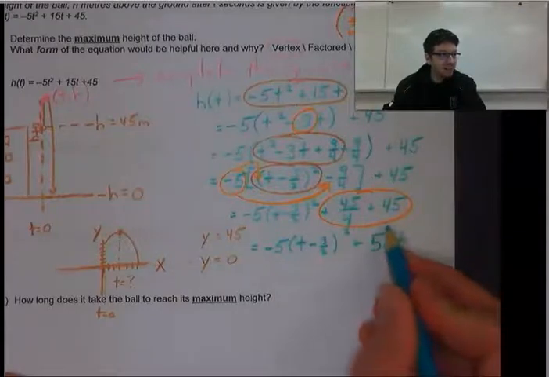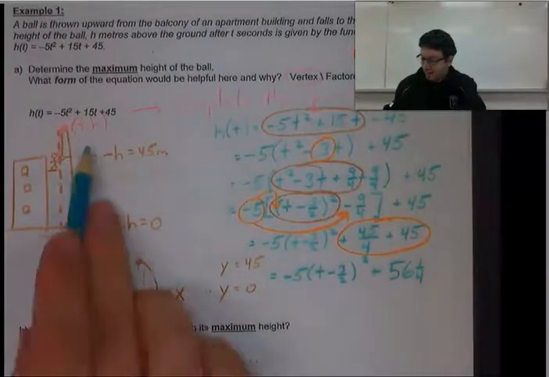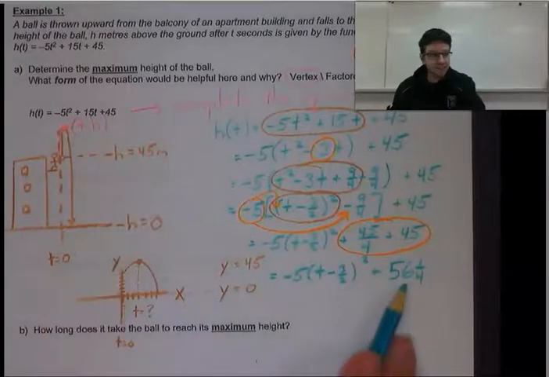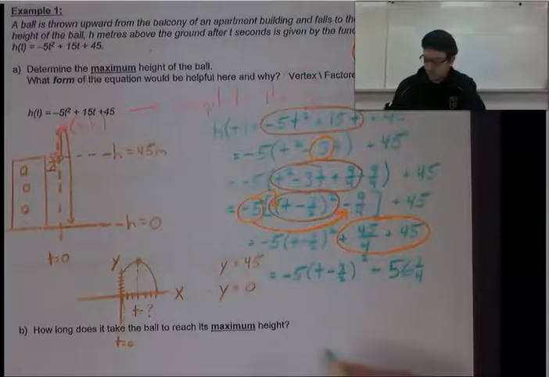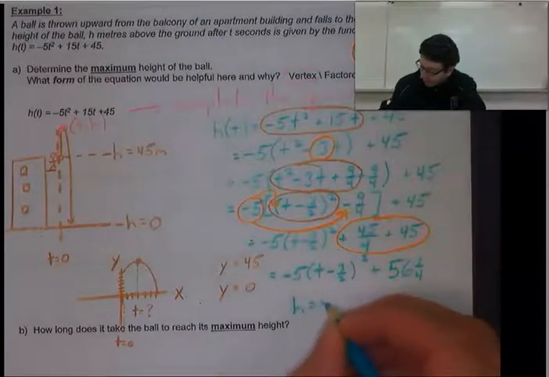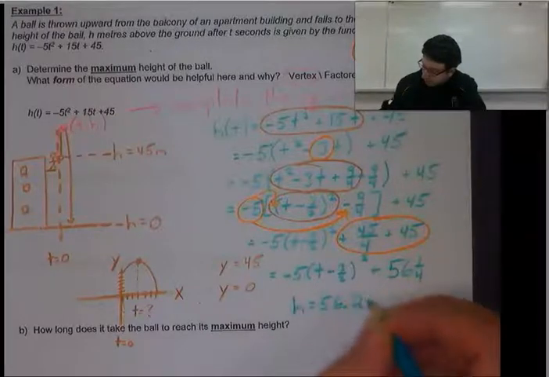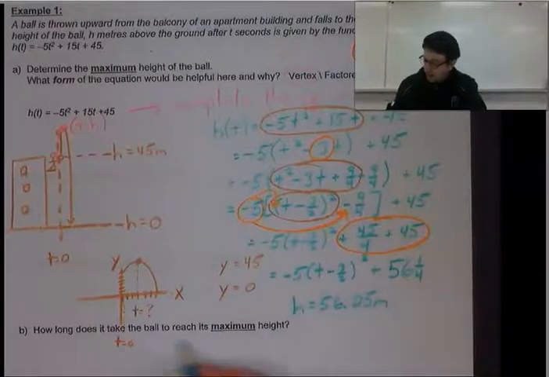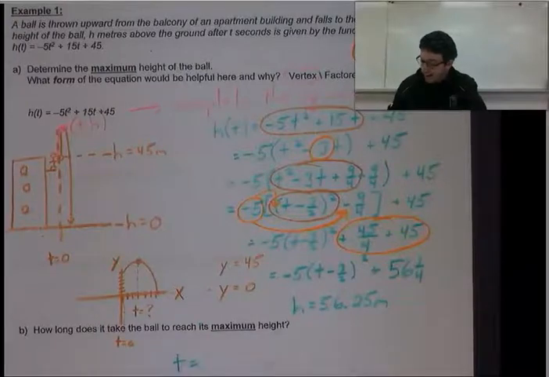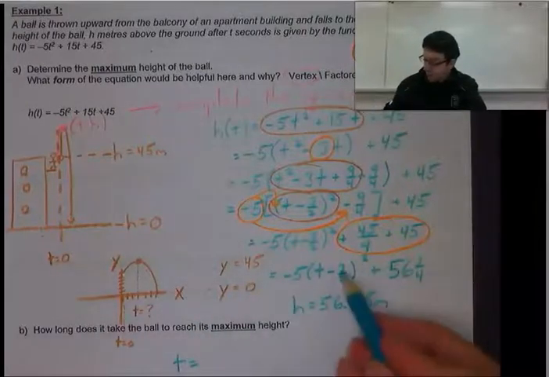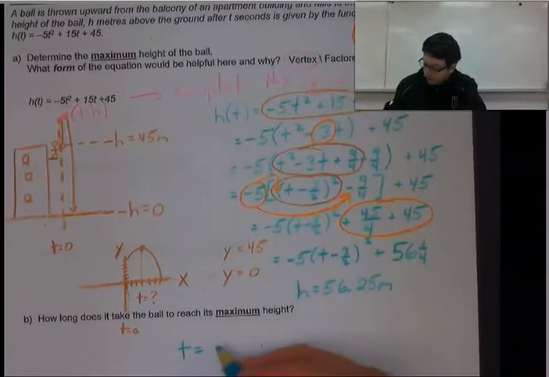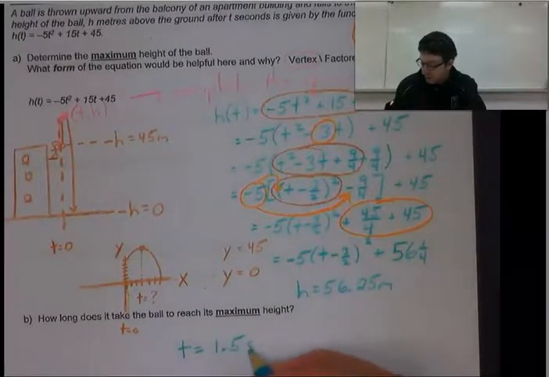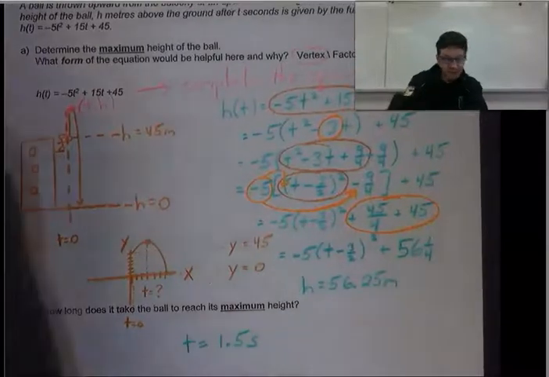And since we're looking for height, I can easily say 56 1/4, or 56.25 meters. So height is 56.25 meters, and our time to get to that maximum height is our x-coordinate, which is right here. It's the opposite sign of this term, so it's 3/2, or 1.5 seconds. Pause there.